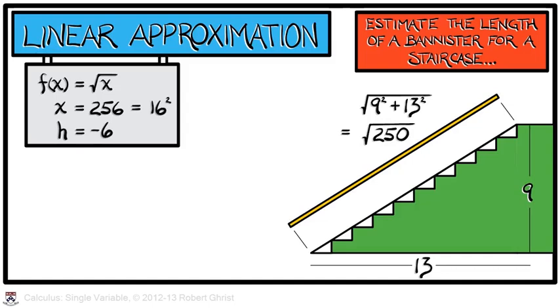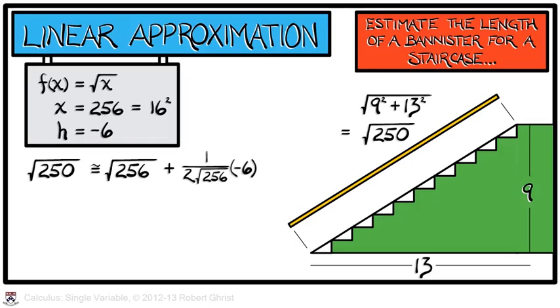To get from there to 250, I could use a value of h, a perturbation of negative 6, so that from a Taylor expansion, f of 250 is going to be f of 256 plus the derivative evaluated at 256 times the difference h, negative 6. All other terms in the Taylor expansion are of higher order.